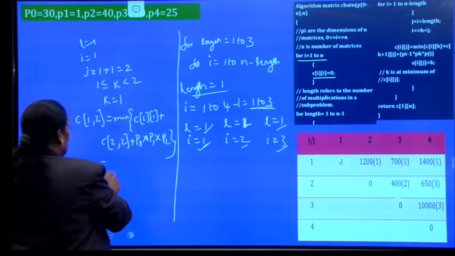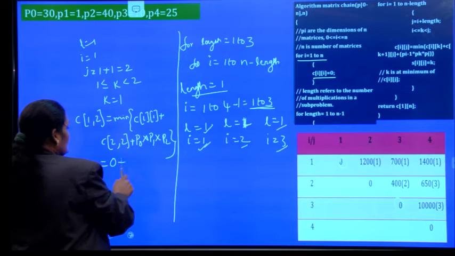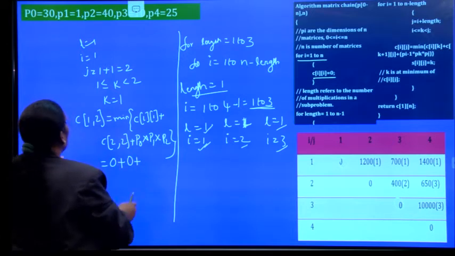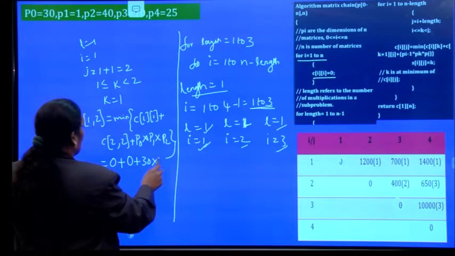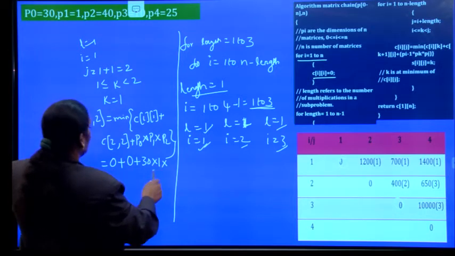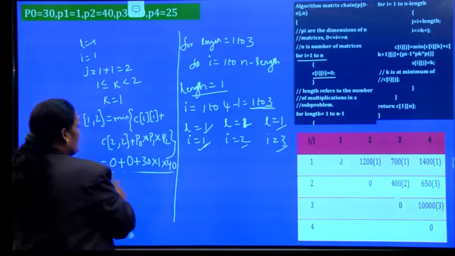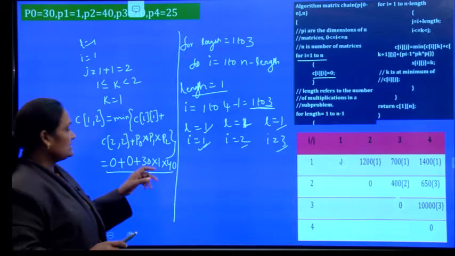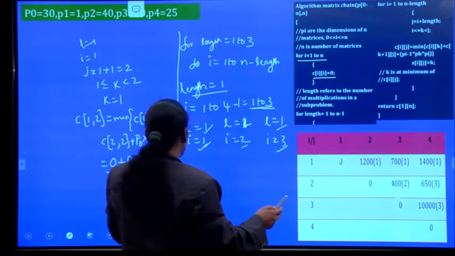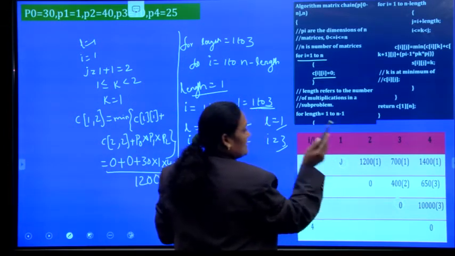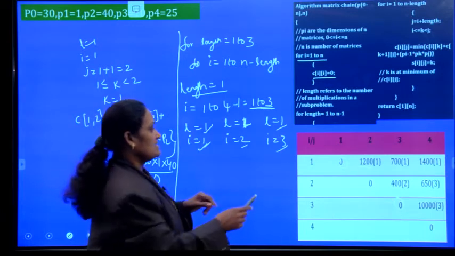What is C11? 0. C22? 0. What is P0? 30. What is P1? 1. What is P2? 40. By multiplying these three values, what value do we get? 1200. So 1200 is the cost of multiplying that one.